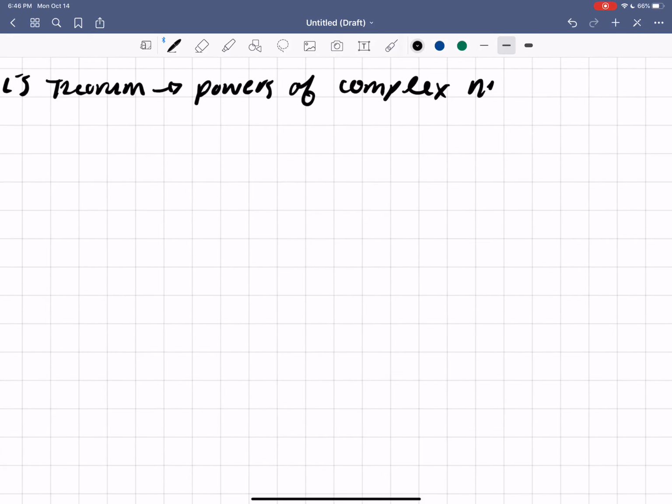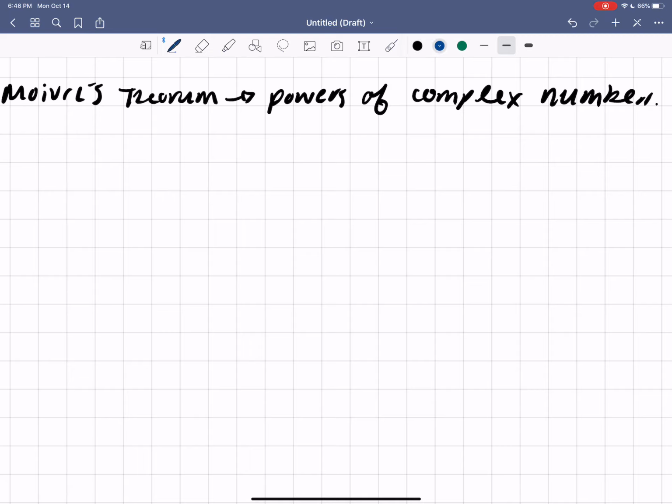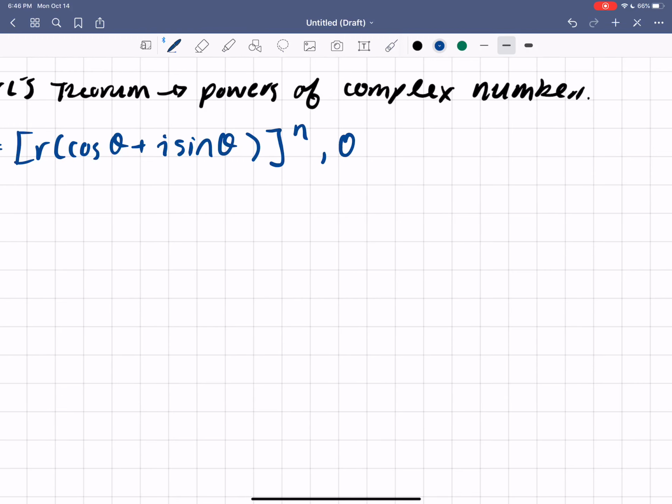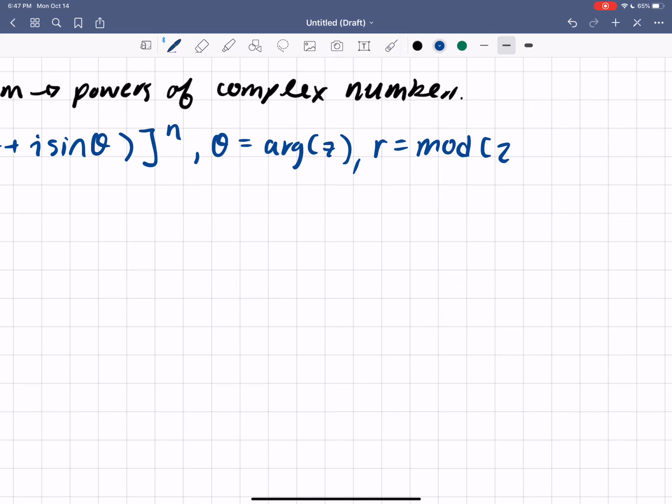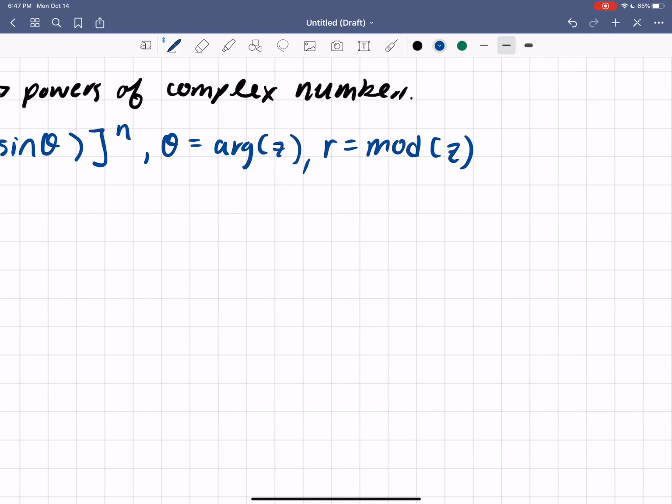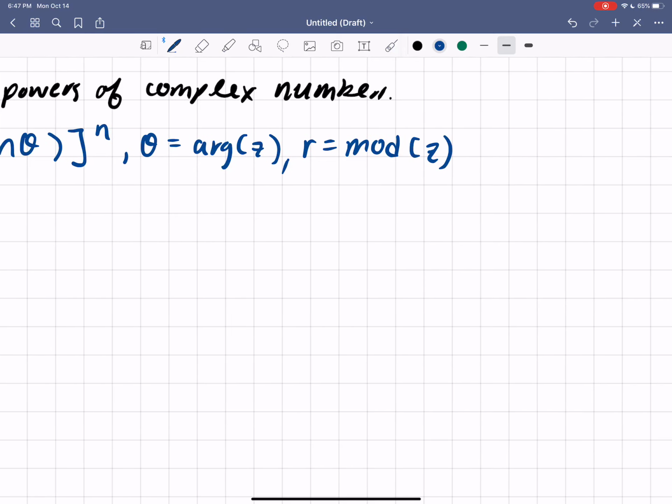De Moivre's theorem is denoted as z to the n, which is equal to r (cos theta plus i sine theta) to the n, where theta is your argument, r is your modulus, and n belongs to the set of natural numbers.